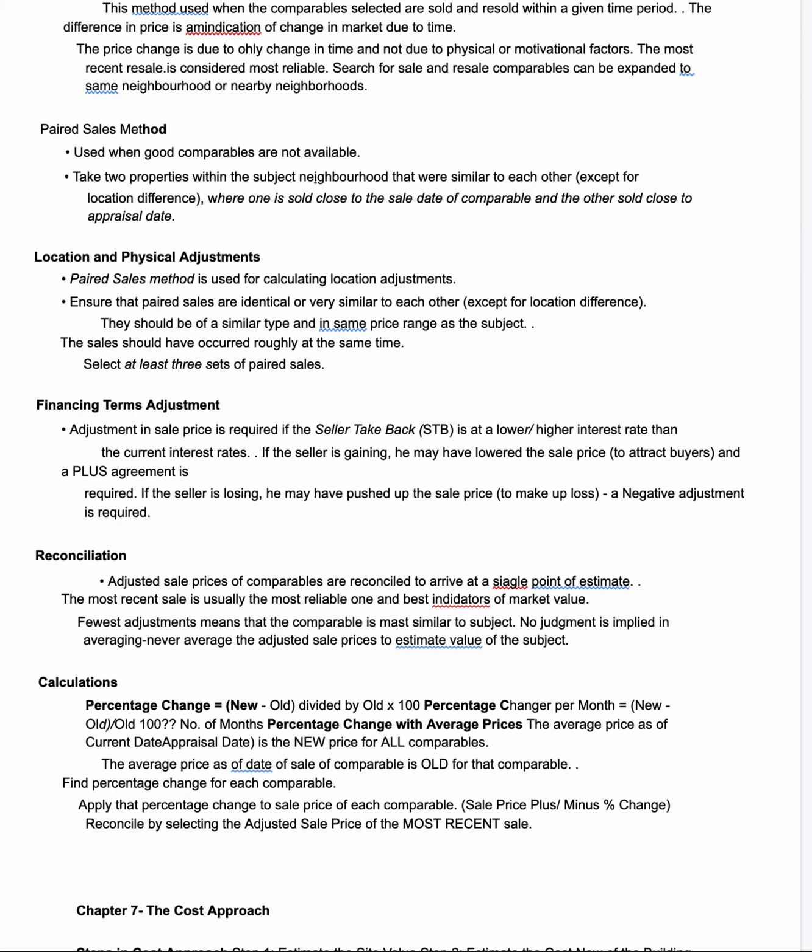Other methods of calculating physical and locational adjustment. If you are concerned with the reliability of the paired sales method or are unable to find acceptable paired sales, you can turn to the survey method. This method of calculating an adjustment follows the premise that the dollar adjustment should reflect the action of the buyer.